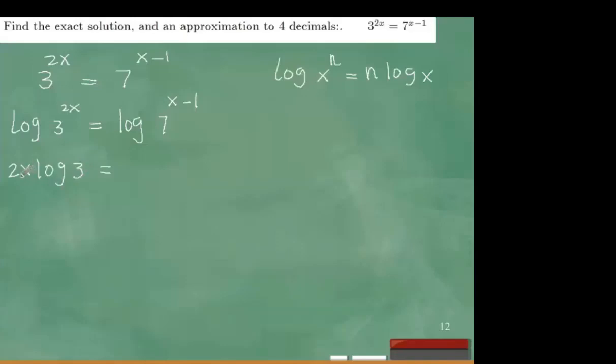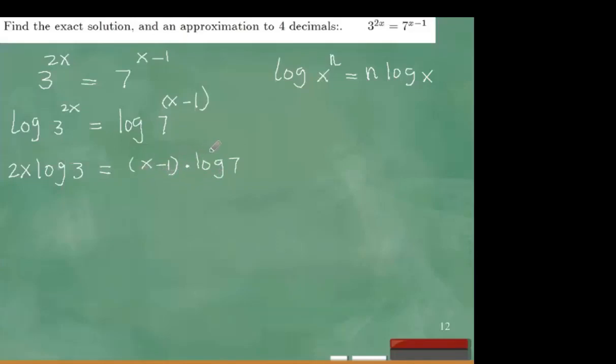If you're trying to solve for x, I need to move the x up front here. So next one, I can do the same. I can bring x minus 1 right in front of log of 7. Now log of 7 is just a number. You can put it in your calculator to find what that is.